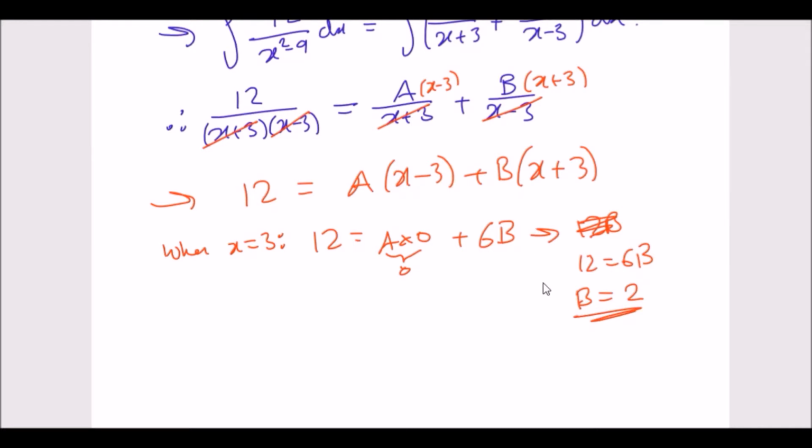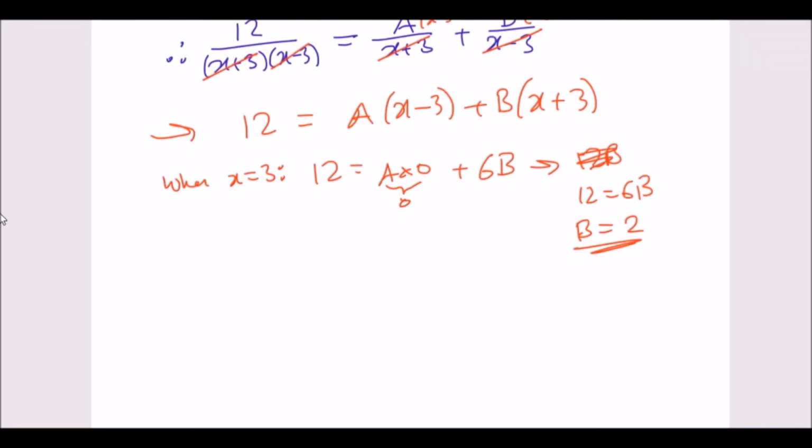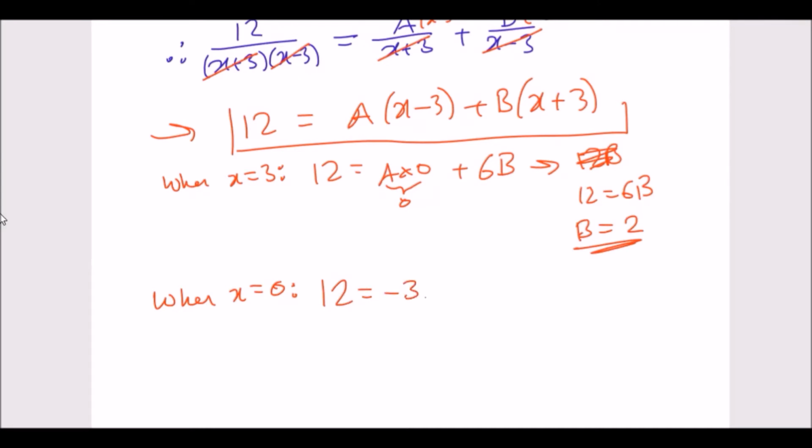Not bad. Now we do the same thing to find a. Let's just pick another random value. I'm just going to say when x equals, let's say 0, because easy. So let's rewrite the whole equation. On the original equation, we still got 12, so it'll be 12 equals a times 0 minus 3, which is minus 3, so minus 3a, plus, and now since b is 2, we can plug b back in.